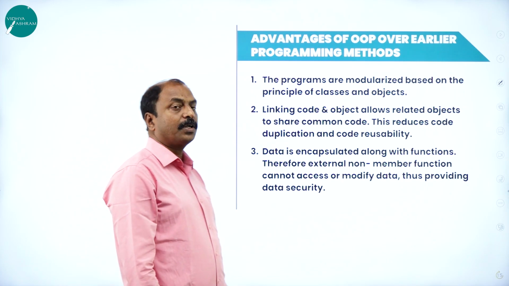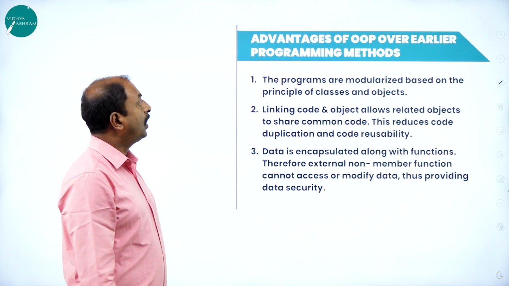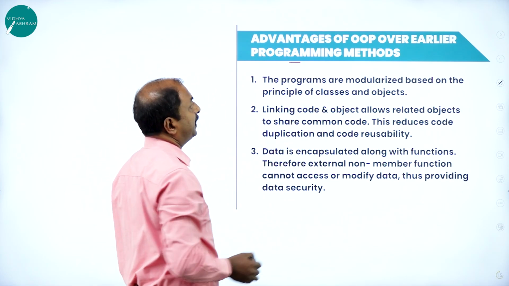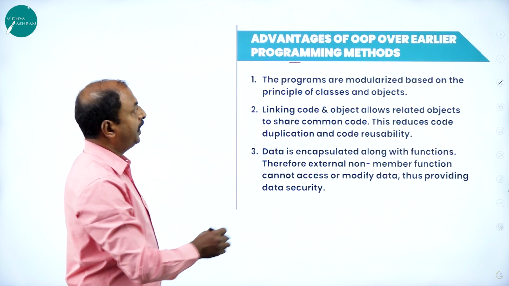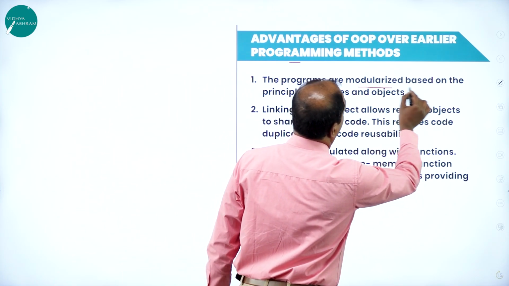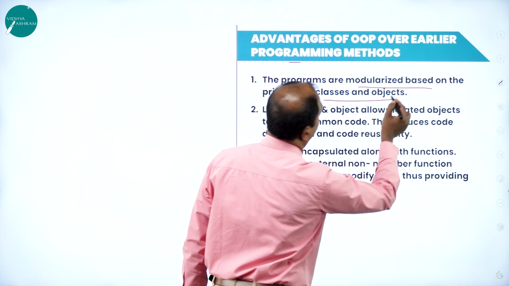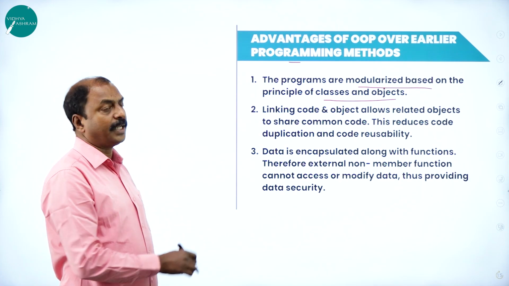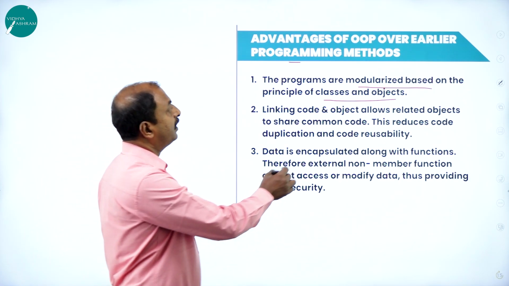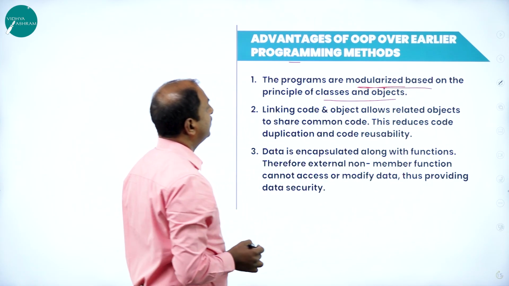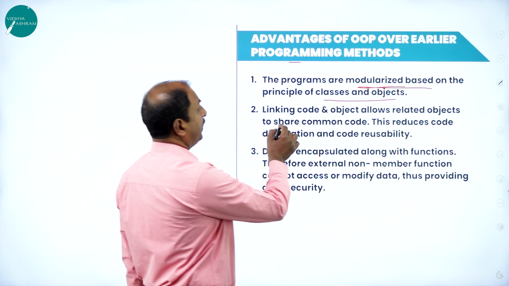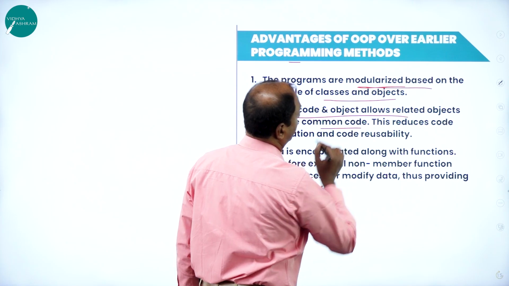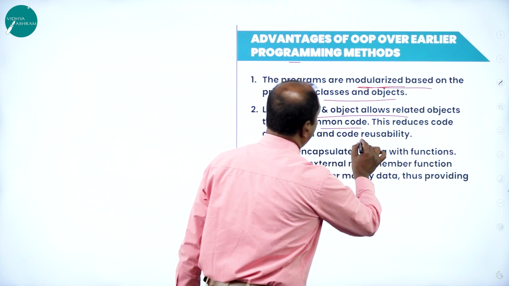Now let us see the advantages of the OOPS concept, or object-oriented programming, over other programming methods. One: programs are modelized based on the principle of classes and objects, which you learned at the beginning. Then, linking code and object allows related objects to share common coding, which is reusability of the code.